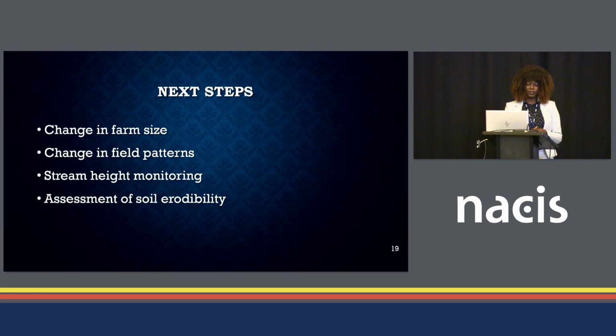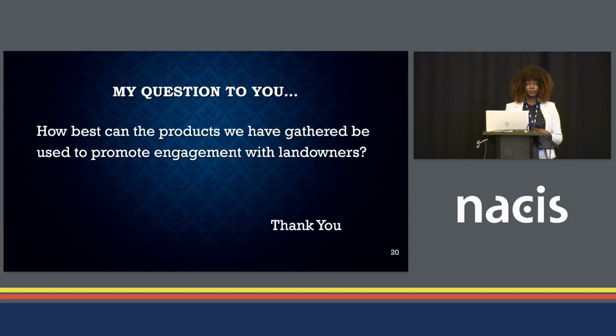The other thing we're doing now is assessing soil erodibility using the ACPF, Agricultural Conservation Planning Framework, by the Department of Natural Resources in conjunction with the University of Madison. And so we're hoping that all these products are going to help us to engage better with the landowners.